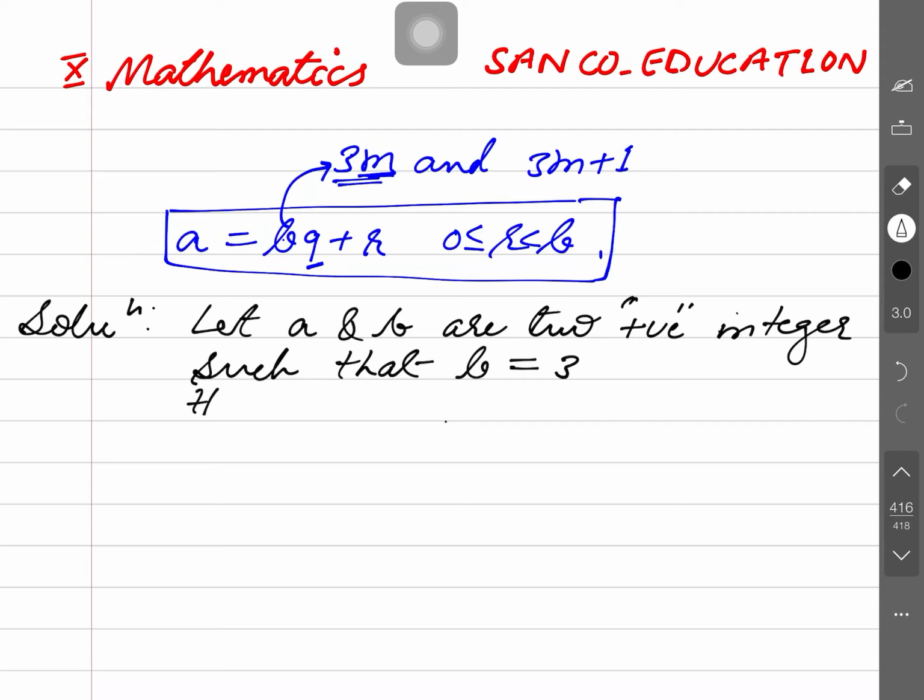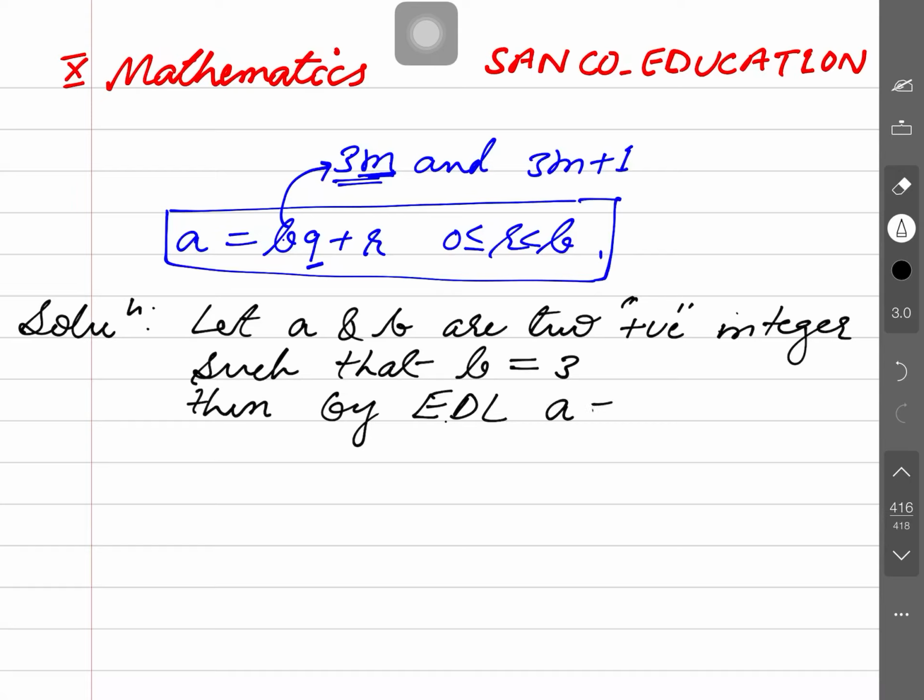Then, therefore, by Euclid division lemma, you have to write the complete statement of Euclid division lemma in the examination. This lemma is to be given here.